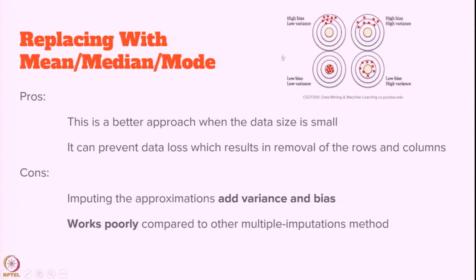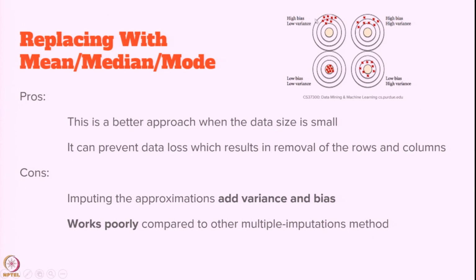Just to give you a brief view, this is the data and this is the collected data. If the predicted data and the collected data are in the same place, then it is low variance and low bias. Now if the data moves away from the actual data, this becomes low bias but high variance.